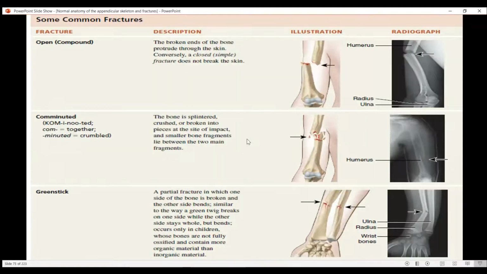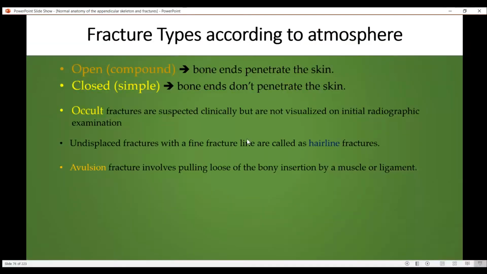According to the atmosphere, there are a few types of fractures, known as open fractures or closed fractures. In an open fracture, the fractured bone ends penetrate the skin, and the internal structures are in relation with the external environment, exposed to it.